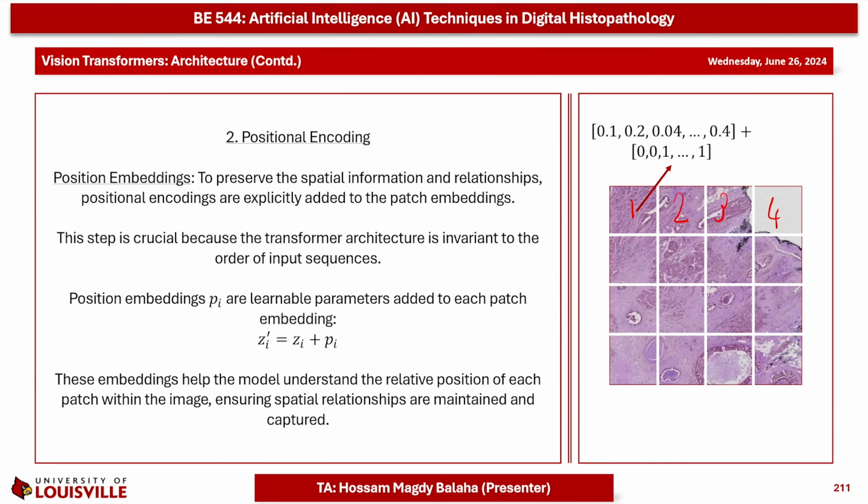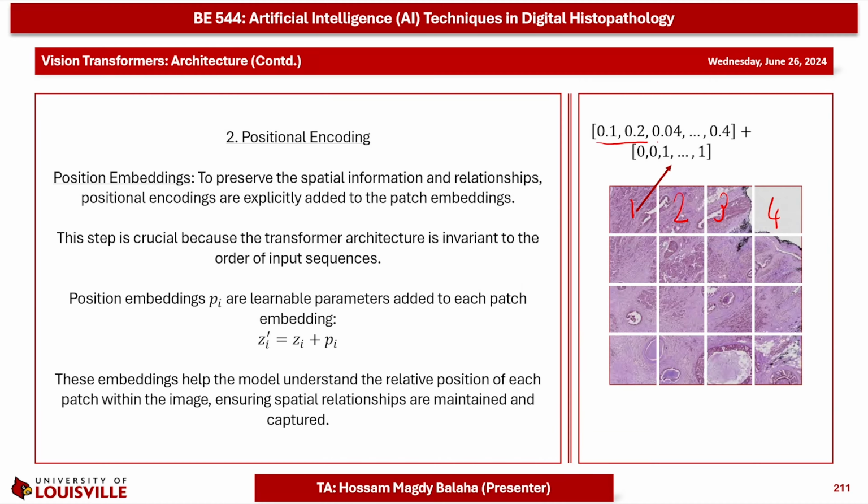This step is crucial because the architecture is invariant to the order of the input sequences, so the order is added explicitly to the patch embeddings. Another reason is that these embeddings help the model understand the relative position of each patch within the image, ensuring that the spatial relationships are captured inside that image locally and globally.